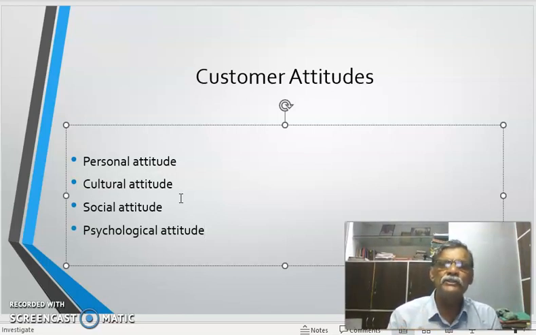When he reaches your shop, he has come with a lot of irritation from the office. He is not happy. He is a little bit disturbed. And a call has come from his home that while coming back home, bring this item. Now, this man has come with a particular psychology of irritation or frustration.